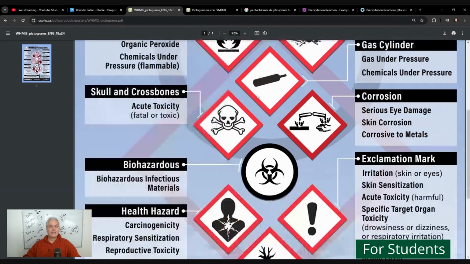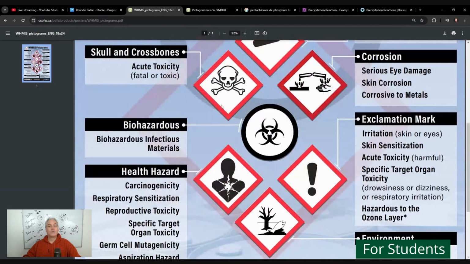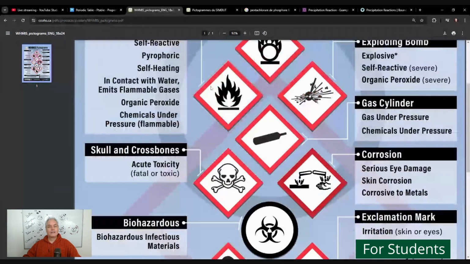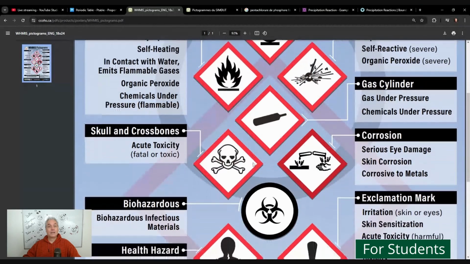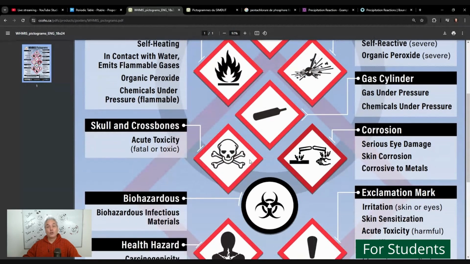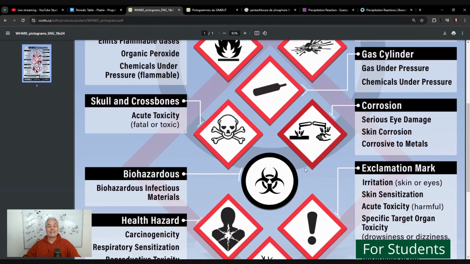Before 2015, we had the circles like this. Now we went into this red diamond shape because in Europe and in North America, they're using these symbols. They're trying to mainstream them to make sure things work well. The only one that did not change and kept the black circle was the biohazardous materials. So here, this was before 2015 and after 2015.